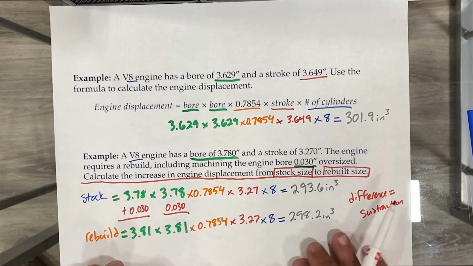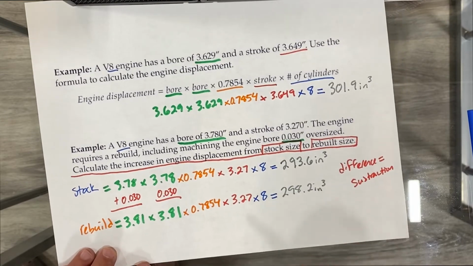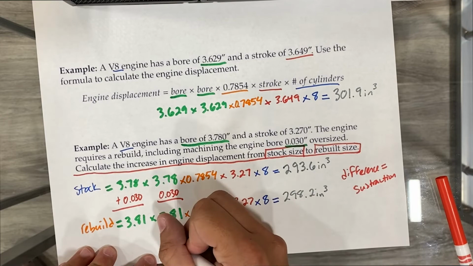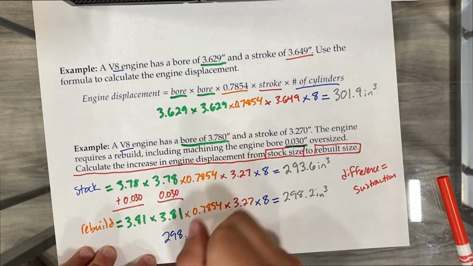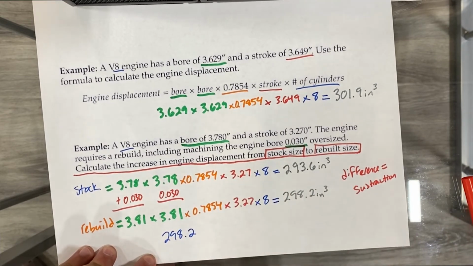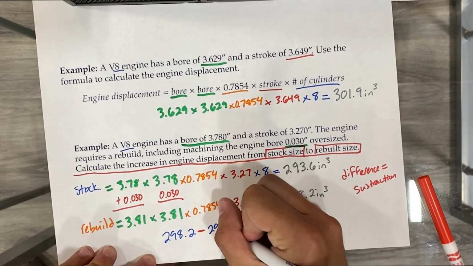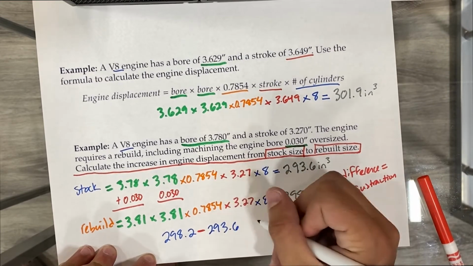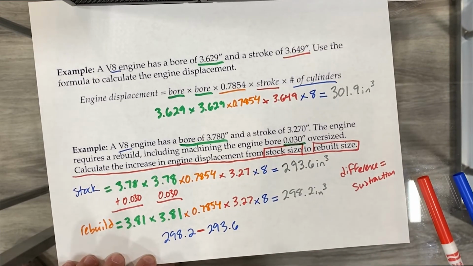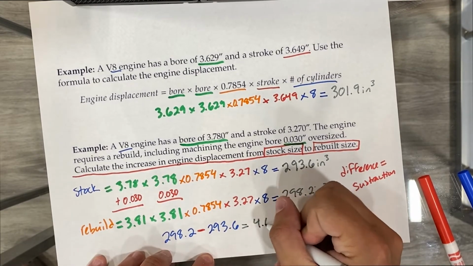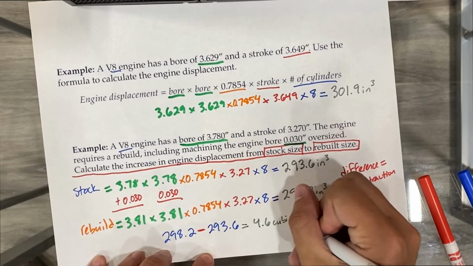So we've got our rebuild value of 298.2, and then we're going to subtract our stock value of 293.6, and that ends up leaving us with a difference of 4.6 cubic inches.